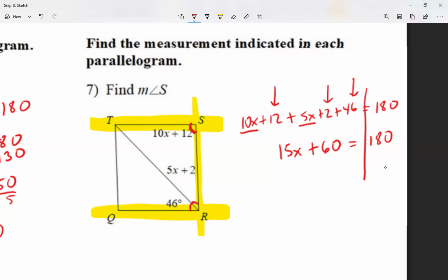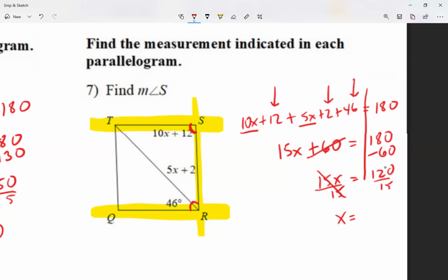Okay, I want that x term by itself, so let me move this plus 60 over as a minus 60. So I have that 15x is equal to 120. Let me divide both sides by 15. I know 120 divided by 15 is 8. Use a calculator if you need to. X is equal to 8.